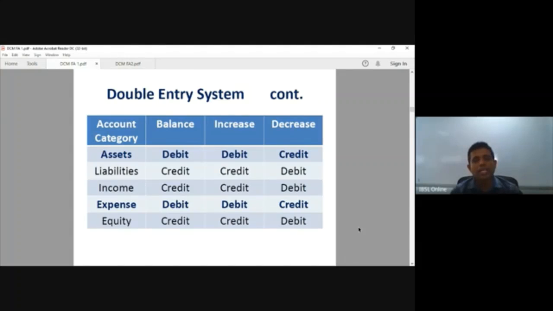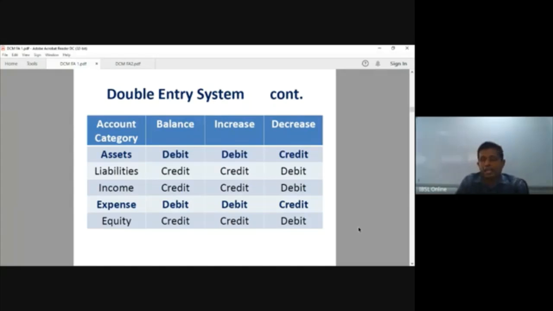Out of these 5 categories, income and expenses will go to the income statement, previously known as the profit and loss account. Then asset, liabilities and equity accounts will be presented in the balance sheet, or nowadays we are calling the balance sheet the statement of financial position.